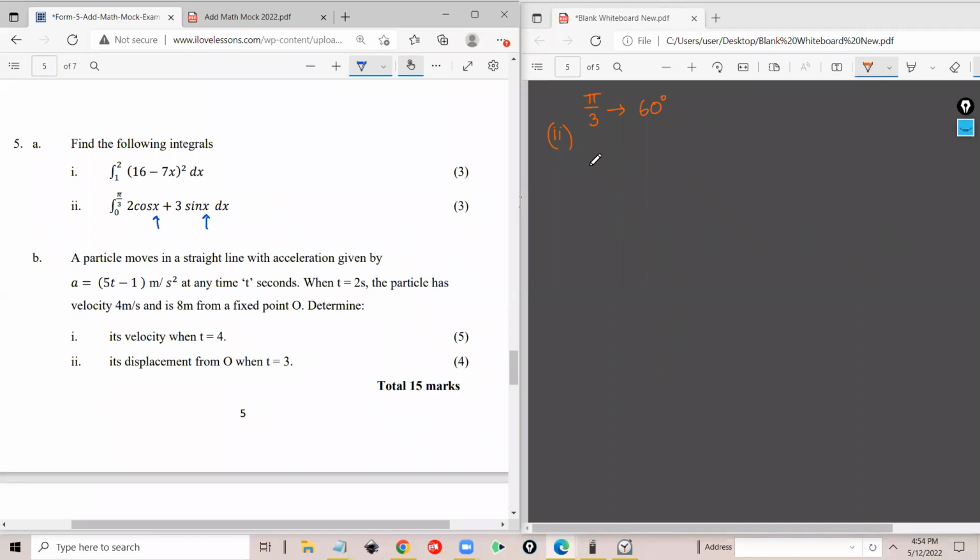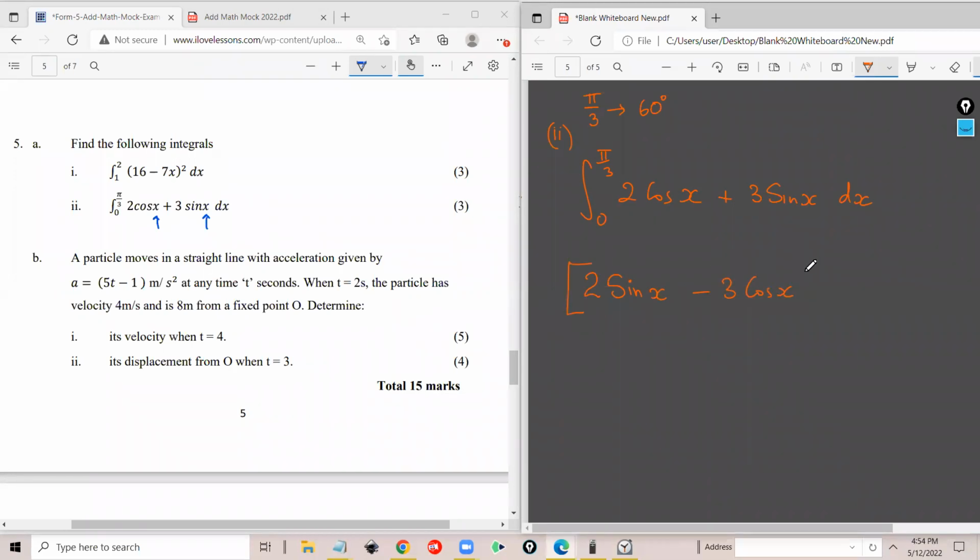Right. So let's see what you get here when you integrate 2 cos x plus 3 sine x, and you put dx here. So when you integrate cosine, you get what? Sine. When you integrate sine, you get minus cosine.